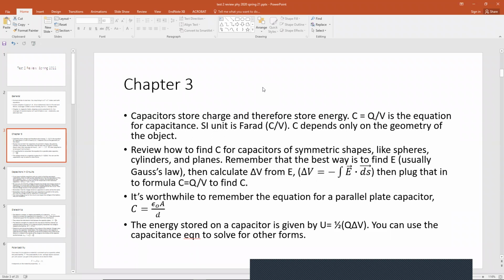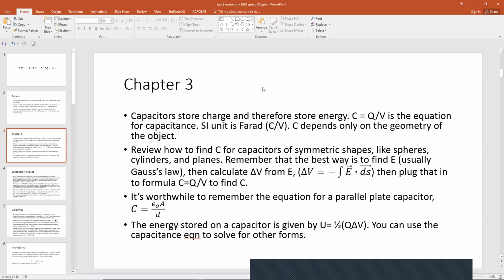Now, although C is equal to Q over delta V, you'll see when you solve for the capacitance of an object that it just depends on the geometry of the object. Okay, more about that in a second. Now, you'll need to review how we found the capacitance of capacitors of symmetric shapes, like nested spheres, nested cylinders, or parallel planes.